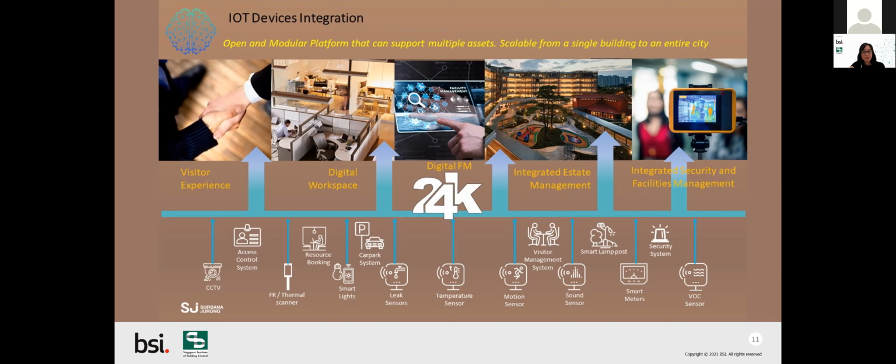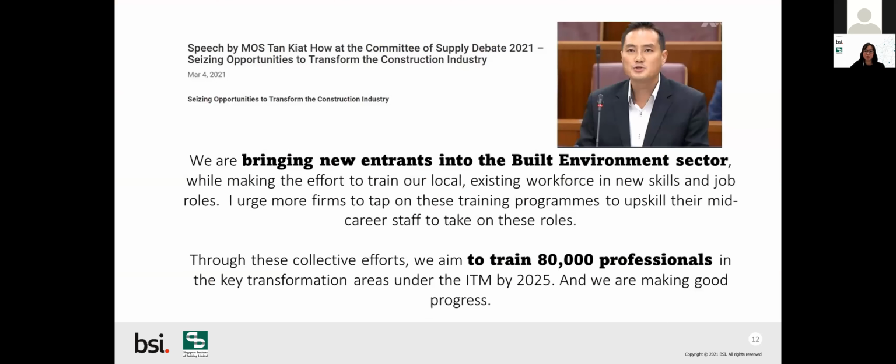Here, they provide a one-stop digital platform called 24K, which allows maximum flexibility for clients to plug in their various digital or technology devices for FM purposes in a single dashboard management system. This is very interesting, and I think Surbana Jurong has a lot to share.